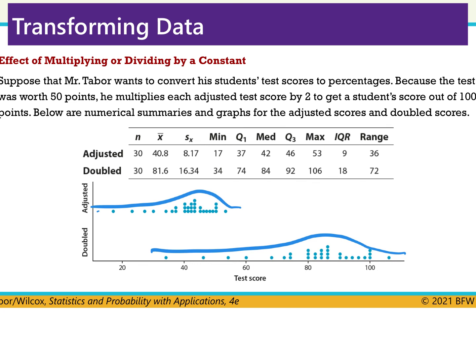So when I'm multiplying by a constant, everything gets multiplied, even the standard deviation, the IQR, and the range. You can see that the IQR, if you look at 46 minus 17 and 92 minus 34, the new Q3 and Q1, it is twice what it was before. And same with the range.